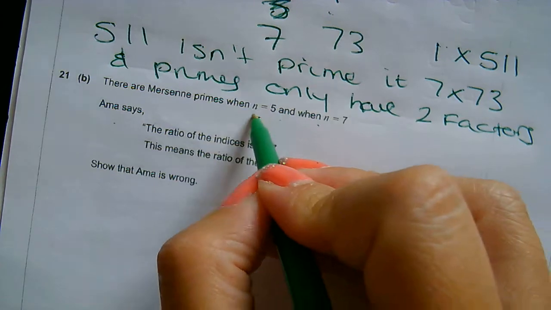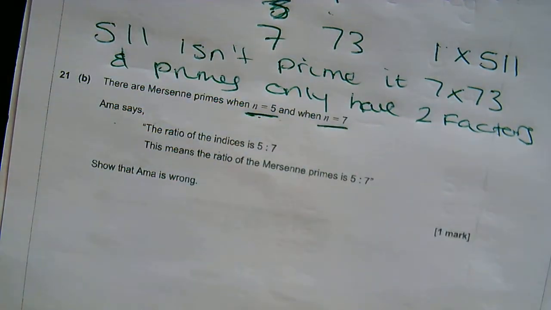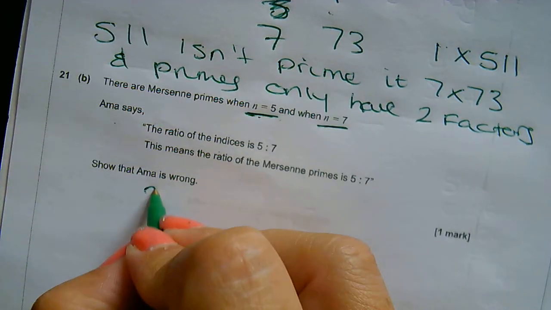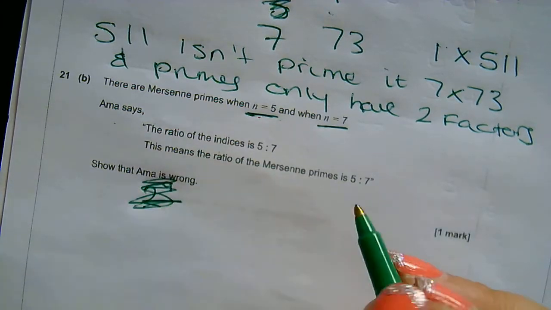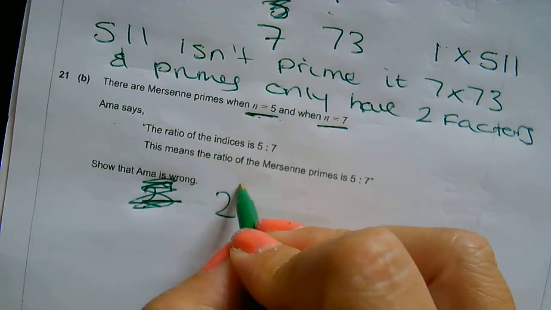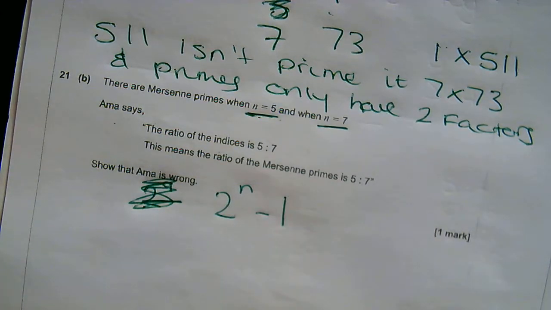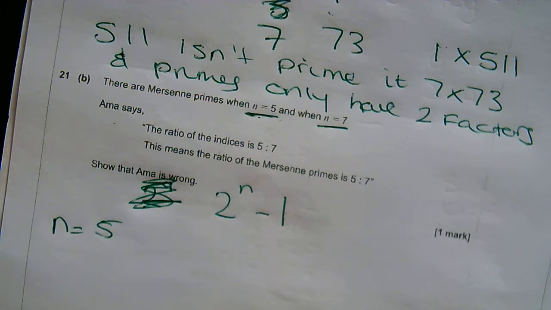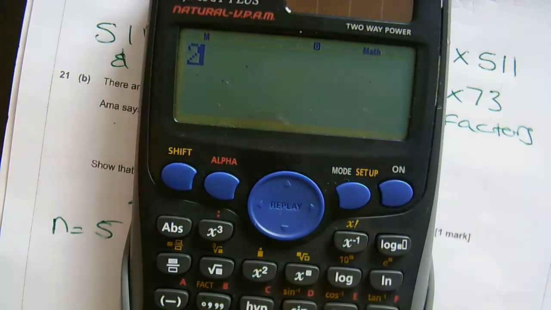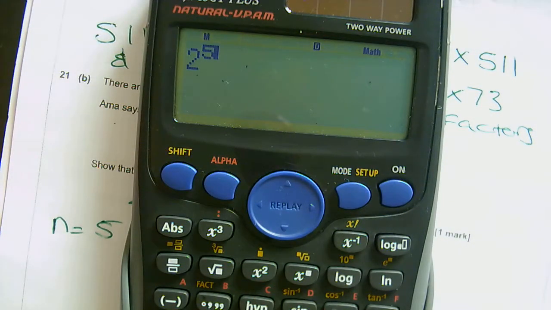So we're going to sub in these values when n is 5 and when n is 7 into that equation that we were given. We were told that it was 2 to the 9. No, it wasn't 2 to the 9. What am I talking about? We were told it was 2 to the power of n minus 1. So when n is 5, let's see what that value is. 2 to the power of 5. Make sure the minus goes down there.